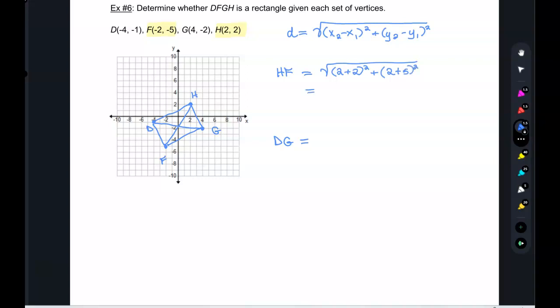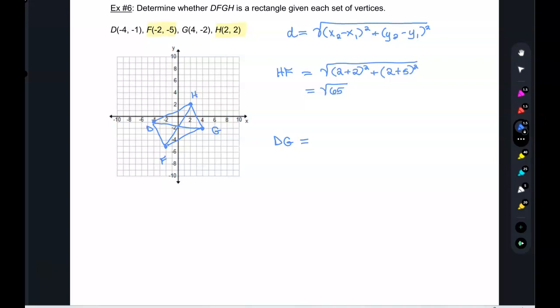What do we get? 16 plus 49. 65. All right. So if DG ends up being the same length, we have our rectangle. And if it's anything different, it's not going to be a rectangle.